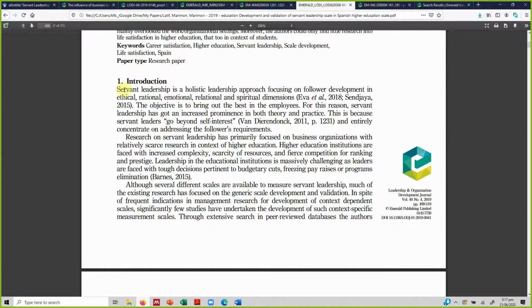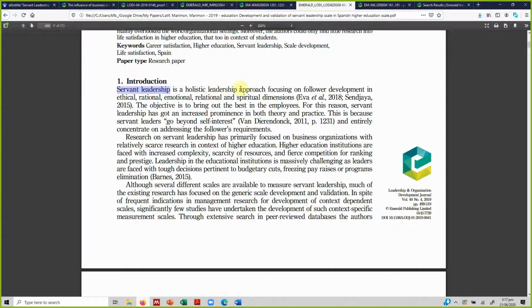More or less, from my experience, it is in the first two paragraphs. 95% of the times I've come across that it is in the first paragraph. What's the importance of the particular area that you are focusing on? In this case, we are focusing on servant leadership. So why is this particular area important?